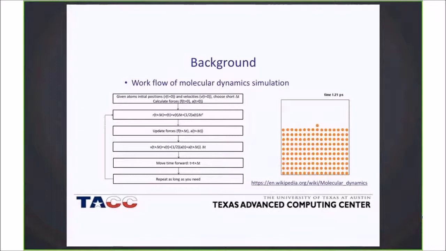At the beginning, the initial positions and velocities are provided, and we can calculate the forces and accelerations. Then we can get the coordinates for the next time step based on the current coordinates, the velocity and the acceleration.